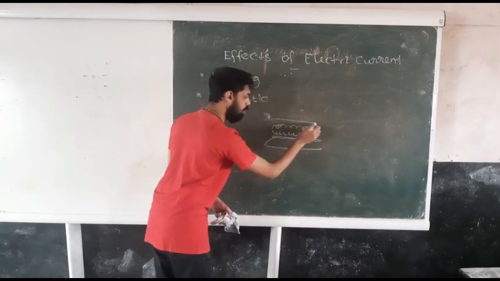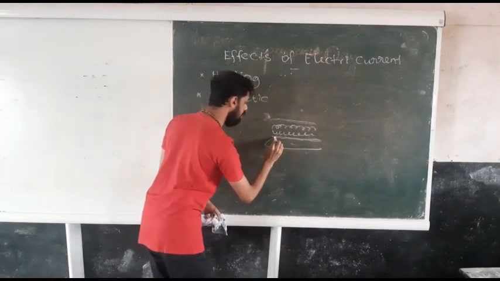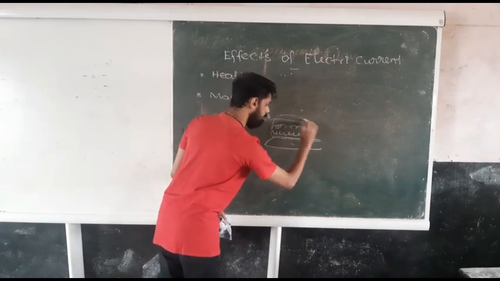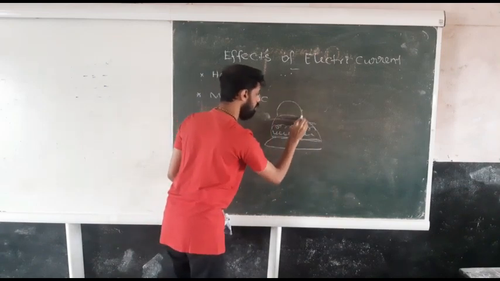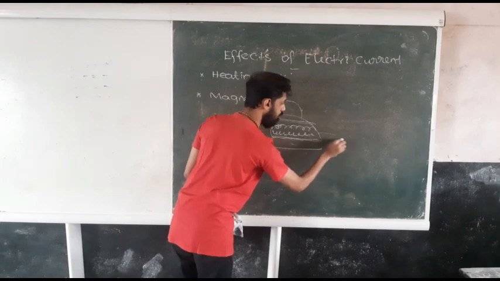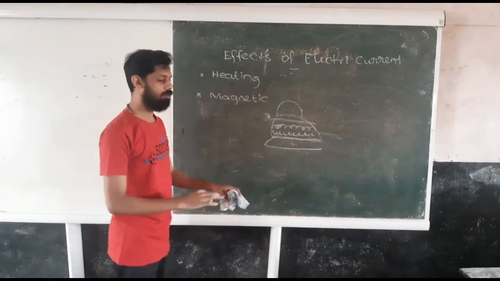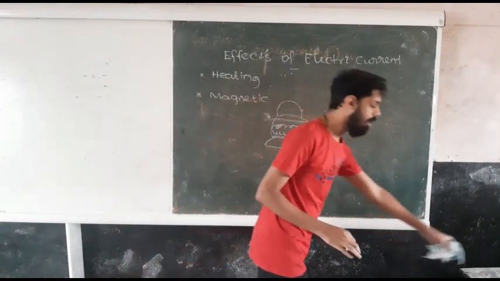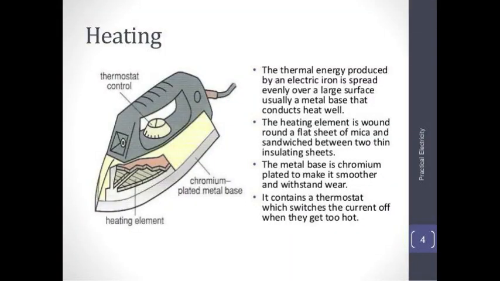Above the nichrome coil, again one mica sheet is there, a covering, and you can see one handle and a wire. This is the structure of an electric iron. It consists of two mica sheets, one heavy metal and one nichrome coil. Nichrome coil is placed in between the mica sheets.